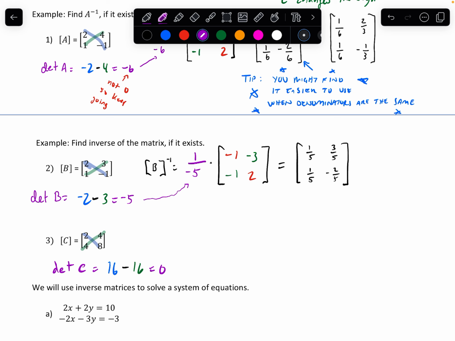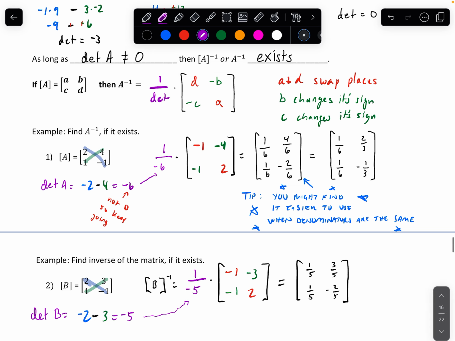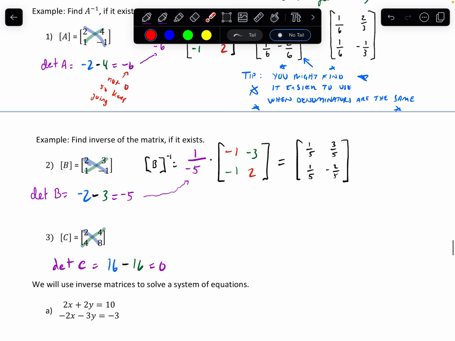So if the determinant is 0, then there is no inverse. Because if it was 0, that means we're putting 0 down here, and we can't divide by 0. So you just say that the inverse of C does not exist.